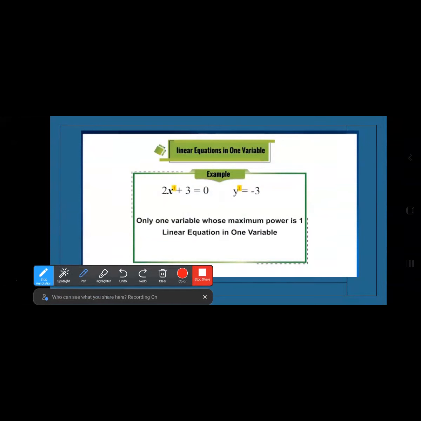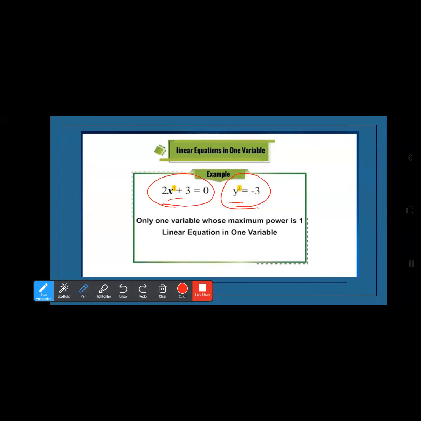Here the variable is x, and here the variable is y. So this is the first example and this is the second example. In both you can see only one variable. It may be x or y or any other variable. Here I have taken just an example.